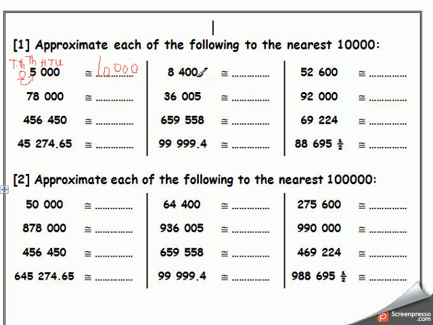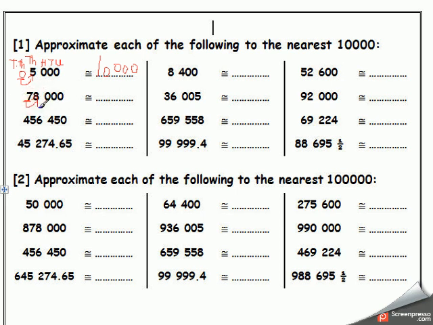The next example. I should mention the tens digit. Here, the 10,000 digit, sorry. Here 78,000: units, tens, hundreds, thousands, 10,000. The 10,000 digit here is 7.